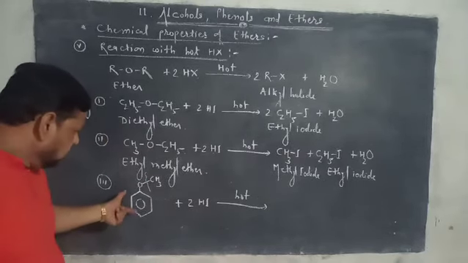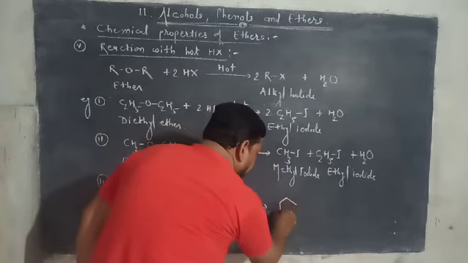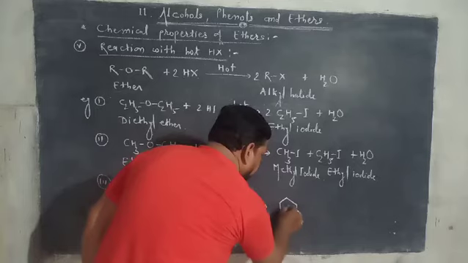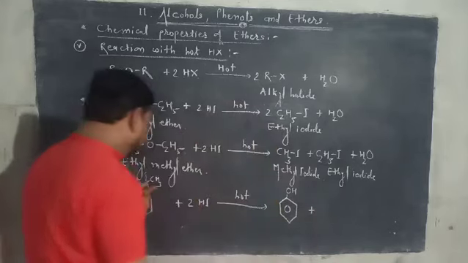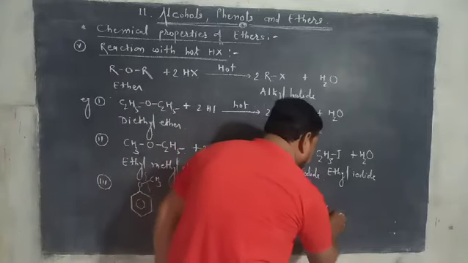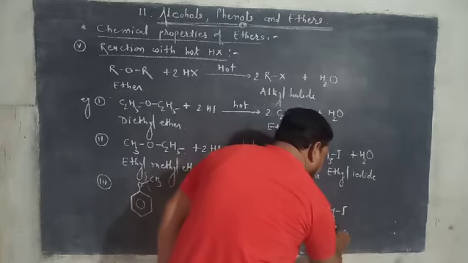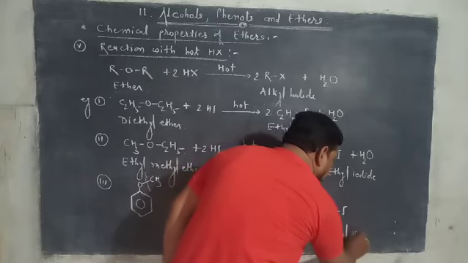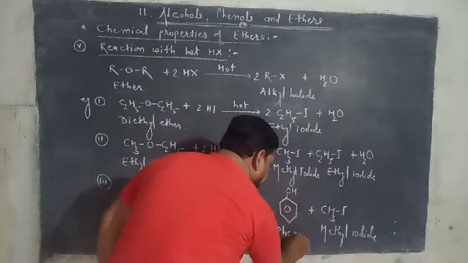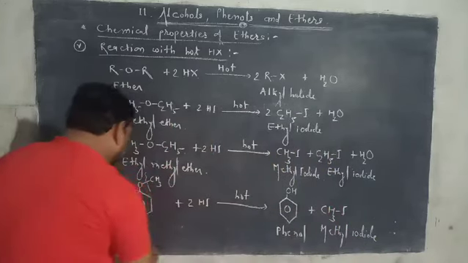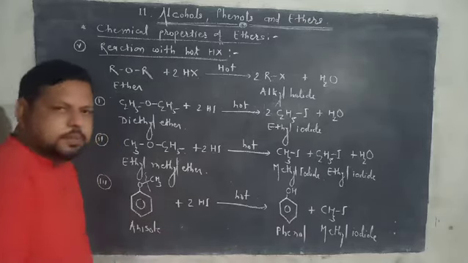In this reaction it gives phenol and CH3I, that is methyl iodide. This is phenol. It is anisole or phenyl methyl ether.